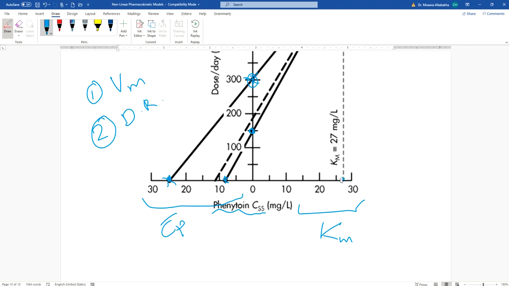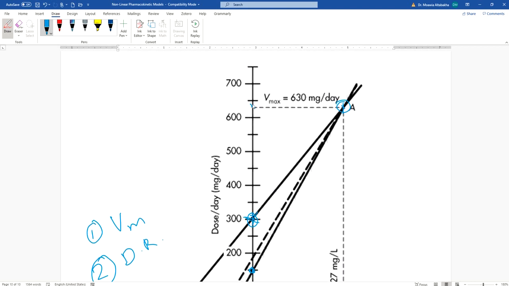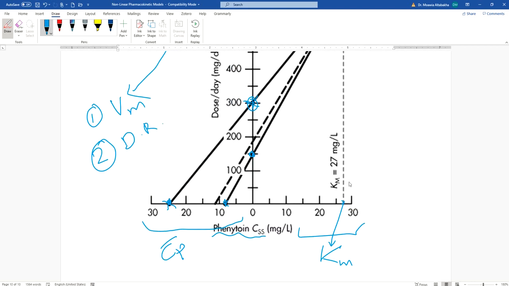Now what does this one represent? It represents the value of Km. And what does the value here represent? It represents Vm. So now you have Vm and Km.